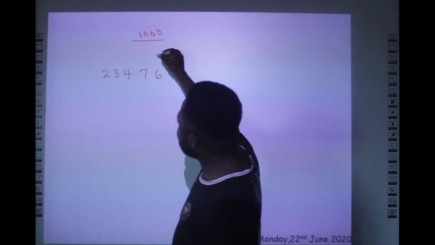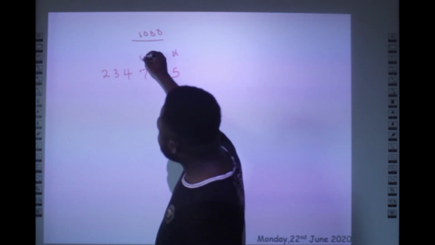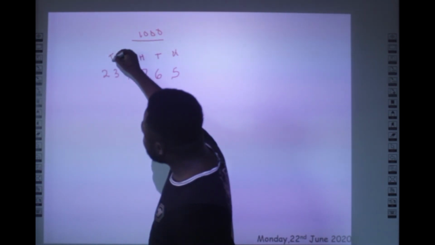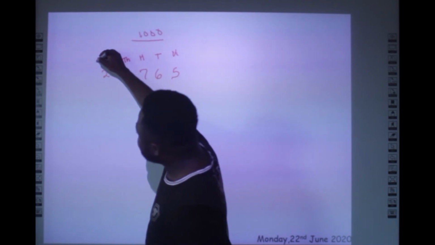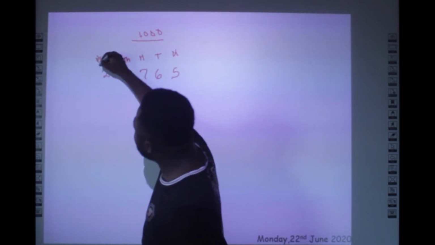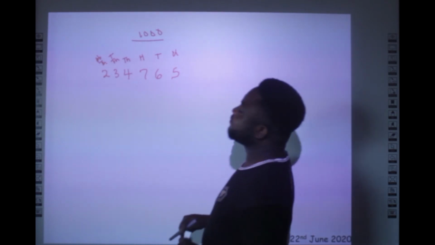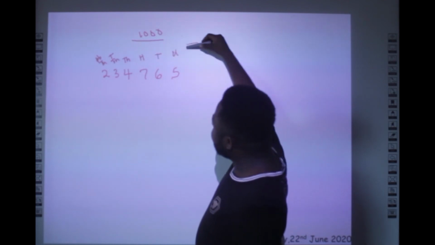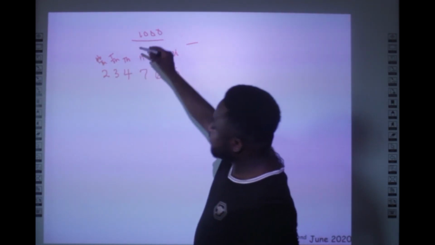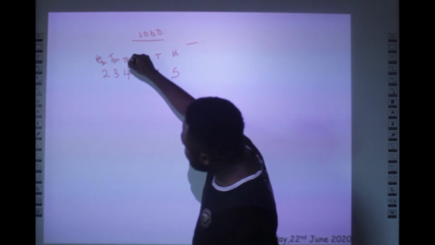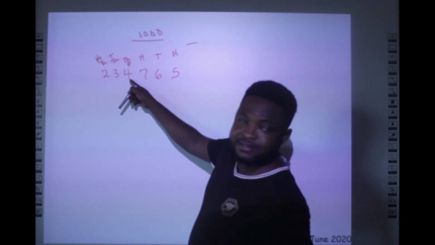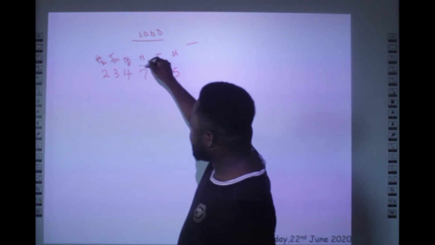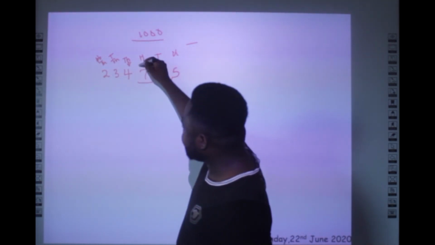These are units, 10, 100, 1,000, 10 thousands, while these are 100 thousands. Since it's to the nearest 1,000, where do we have 1,000 here? This is it, so this is going to be our target digit. Now look at the right of the target digit. What we have here is 7.